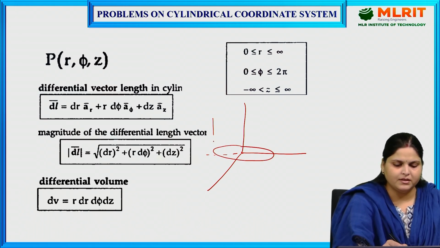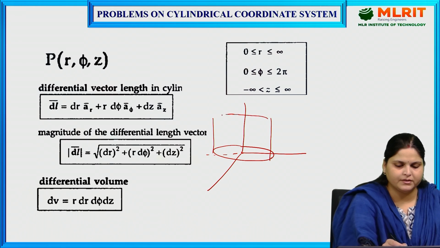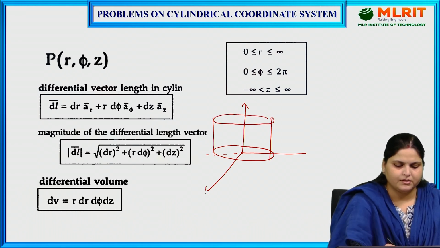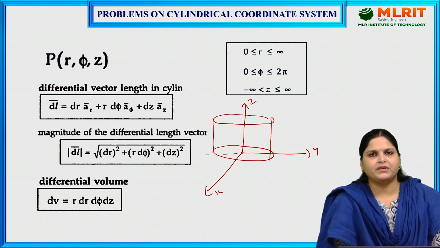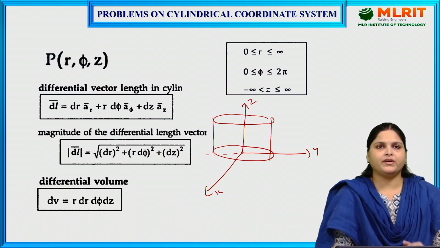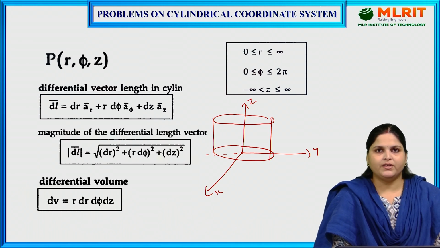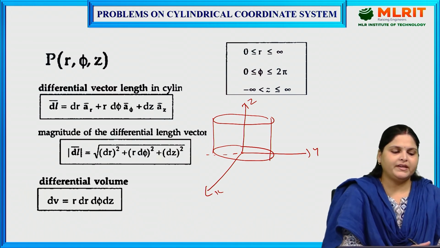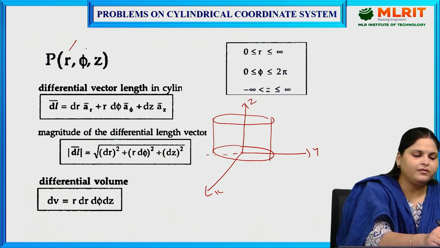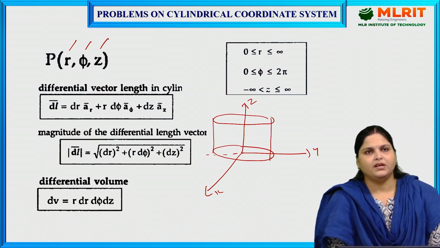So that's the cylinder, right? This is X, this is Y, this is Z, you can take, okay? So again, we are going to consider orthogonal coordinate system where the axes are perpendicular to each other. In case of cylindrical coordinate system, the coordinates are R, phi and Z. Now what is R?